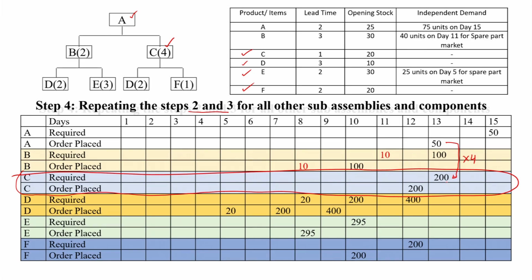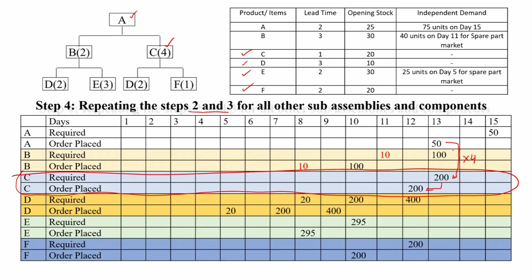And how much is the lead time? 1 day is the lead time. So, I place the order on the 12th day for component C, so that it is received on the 13th day and I can easily use it.